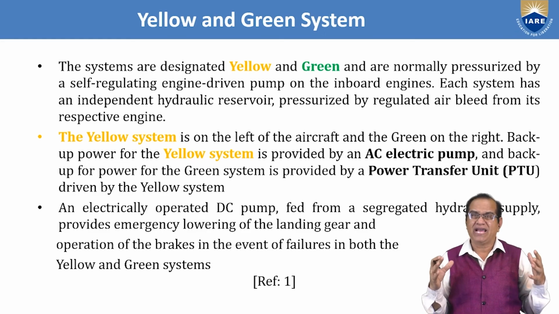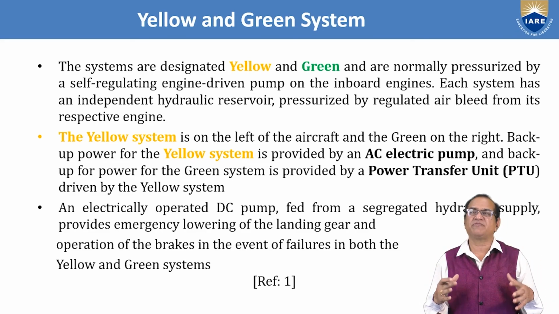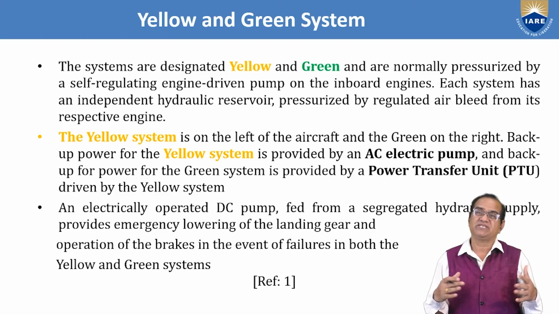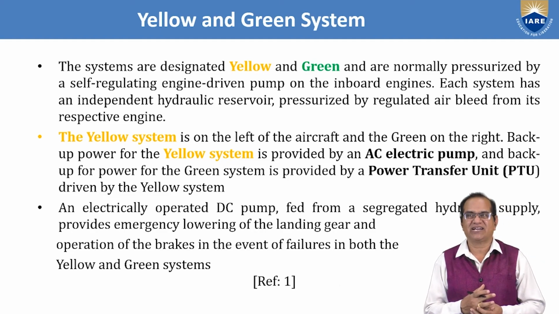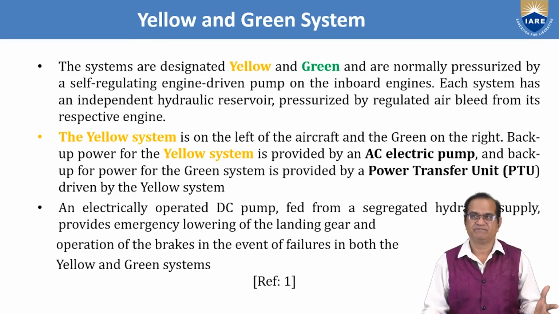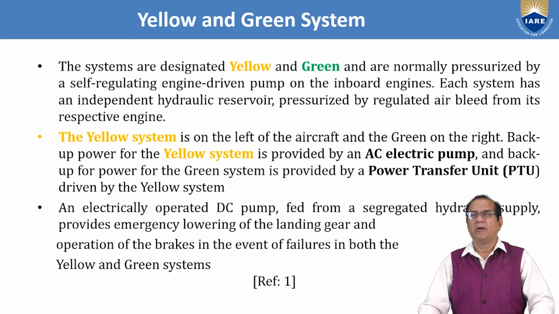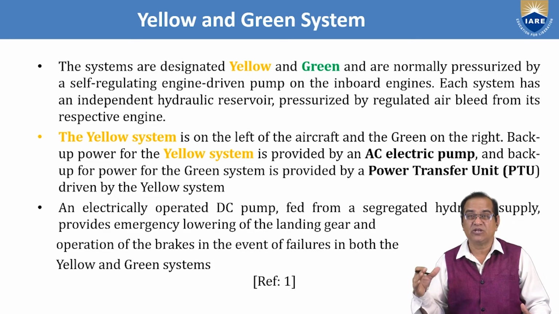Backup power for the yellow system is from the AC electrical pump, so the yellow system is operated by the AC electrical pump if the engine fails, and backup power for the green system is provided by the PTU, or power transfer unit, which is driven by the yellow system.